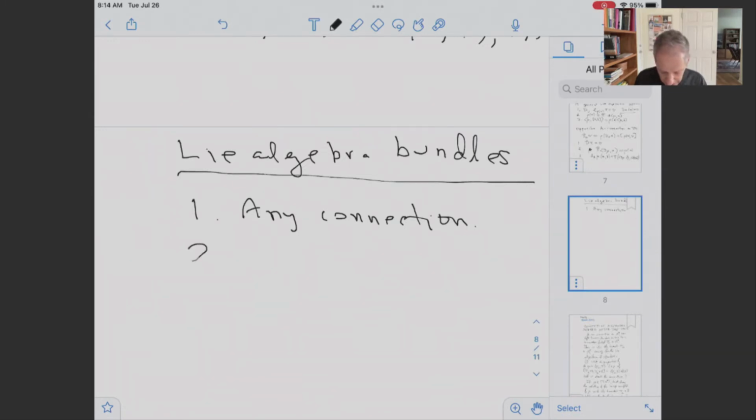The second condition, which is the condition of mu being a momentum map, is that mu is horizontal along symplectic leaves.